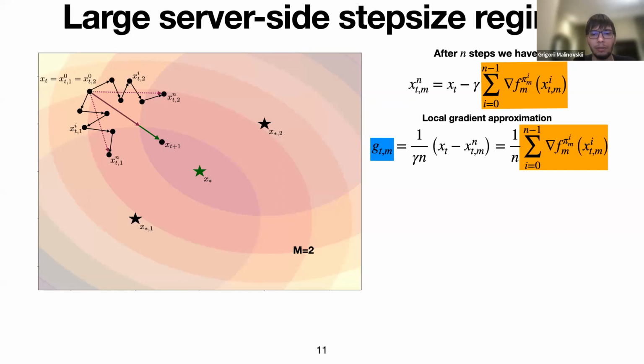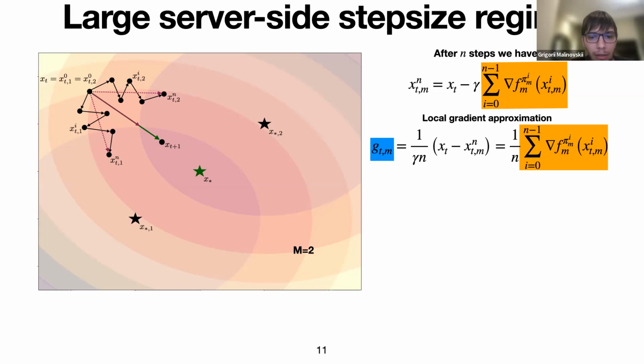If we could evaluate these gradients at the same point, we would have just the full gradient because of some structure. But here we evaluate gradients in different points.